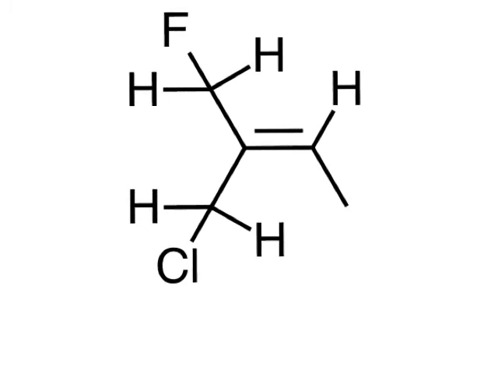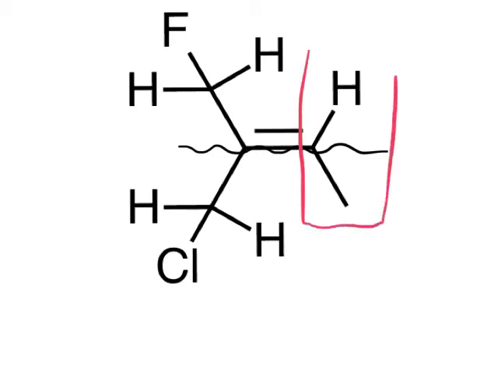If we start with the double bond fence, I'm going to start with the carbon on the right. So here's my doubly bonded carbon and its branches on the right. You see here I have a carbon versus a hydrogen, so clearly that carbon with the higher atomic number beats that hydrogen with a lower atomic number.